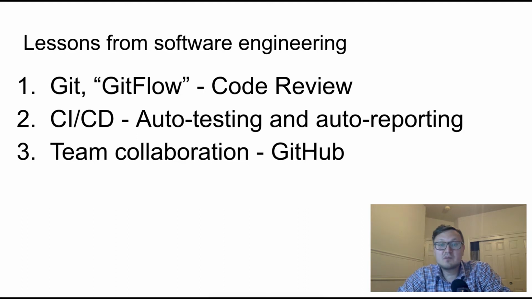We are talking not only about versioning the code, we are talking about the workflow, about code review, about automating tests and the CI/CD process, and even team collaboration is based on version control tools, right? We use GitHub or GitLab for collaboration, and Git works under the hood of those systems.